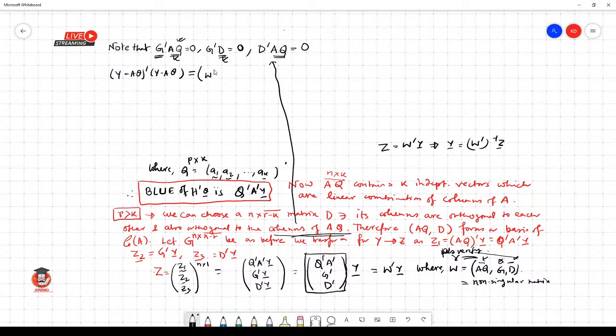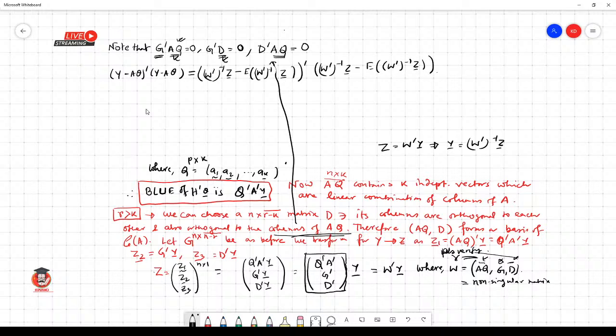So therefore, W prime inverse z curl minus A theta curl is nothing but expectation y curl, which is W prime inverse expectation z curl.